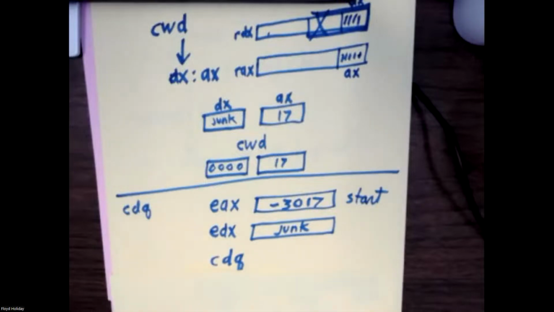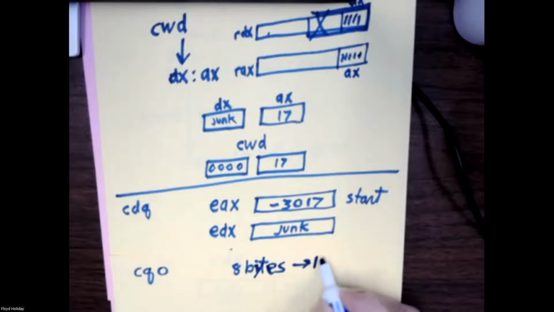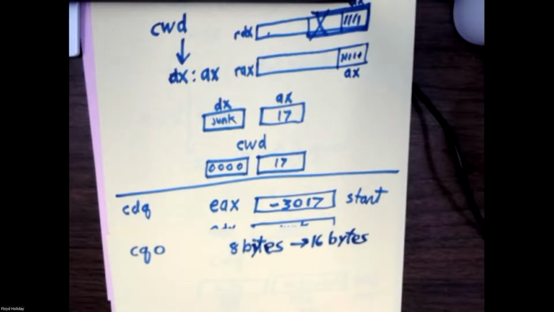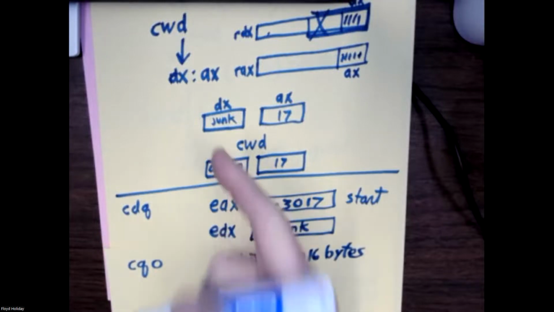One more. The next level up higher is CQO. That means convert from a quad to an octal. That's from 8 bytes to 16 bytes. Again, it's only X on a register: RAX, EAX, AX.